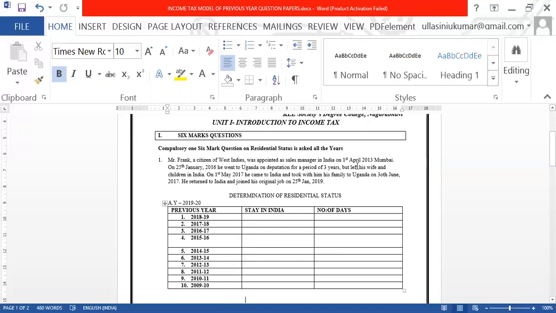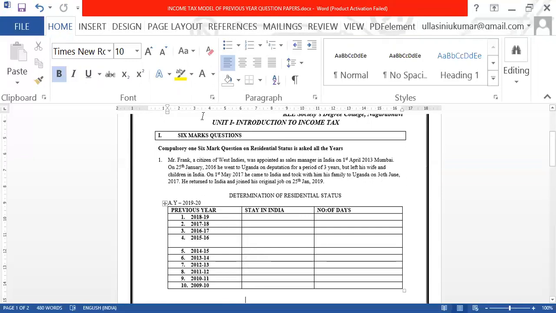So from 1st April 2013 to 25th January 2016, he stayed in India and then left for Uganda the same day, but left his wife and children in India. On 1st May 2017, he came to India and took his family with him to Uganda on 30th June.